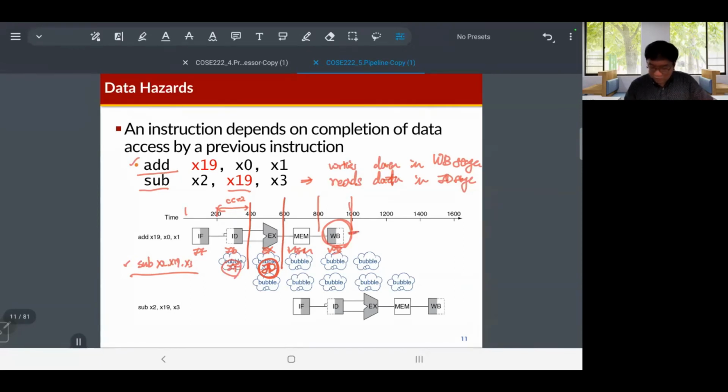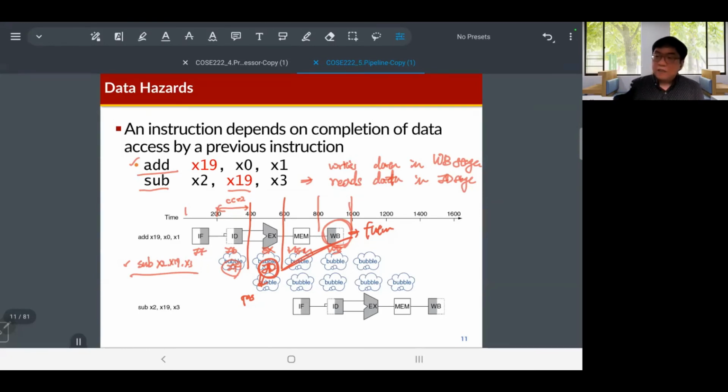So this is the future. This is the past. Which means that the sub instruction cannot be executed. The sub instruction needs to wait until the result from the add instruction is written back to the register file in the write back stage.